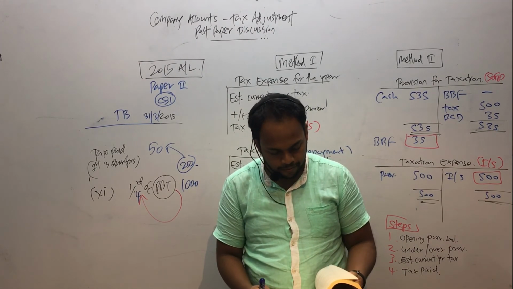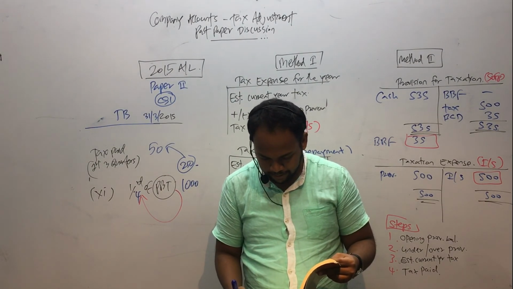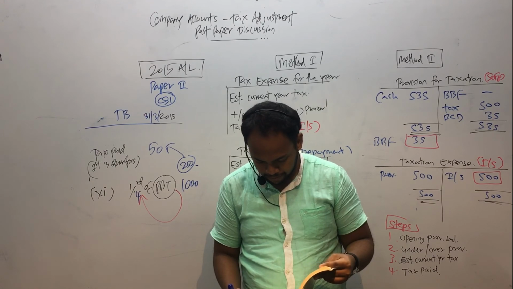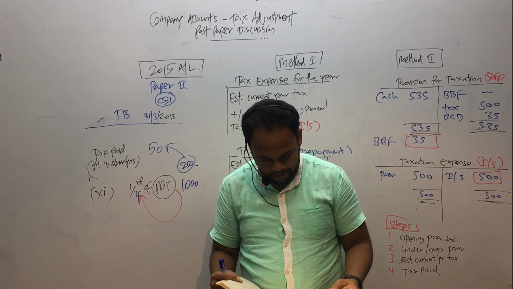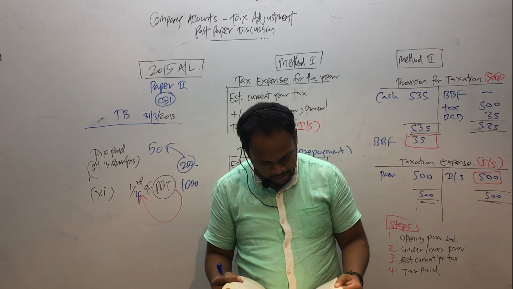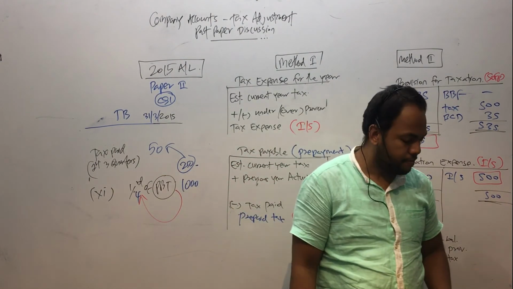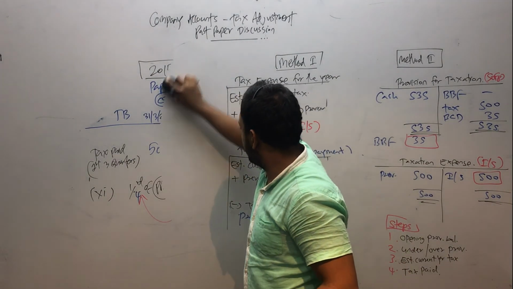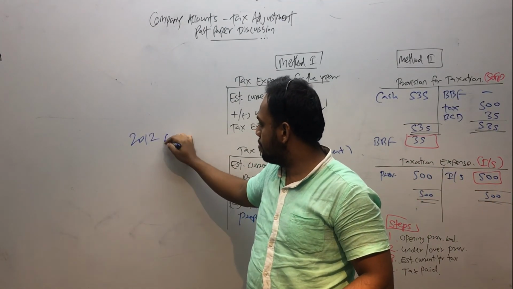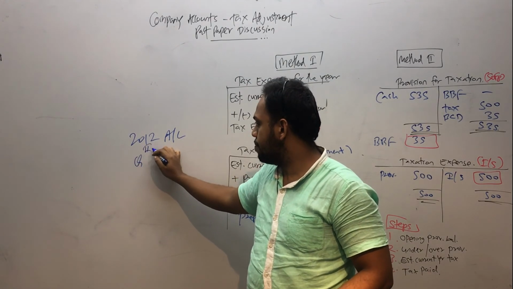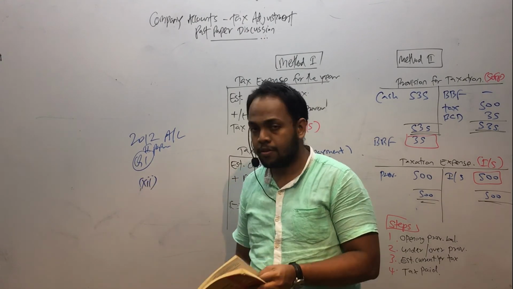2012. Right. So in 2012, tax adjustment number 8, second paper, question number 1, adjustment number 12.